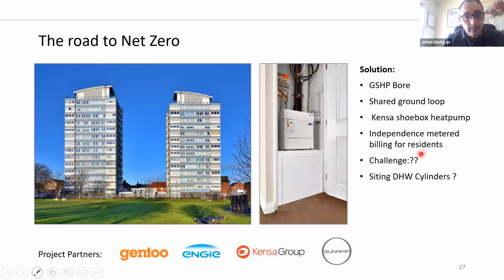Needed to be independent metering for each resident, and the challenge was where we're going to put cylinders, where we're going to put hot water, because everybody talks about heat pumps. We tend to forget about the hot water side of things.